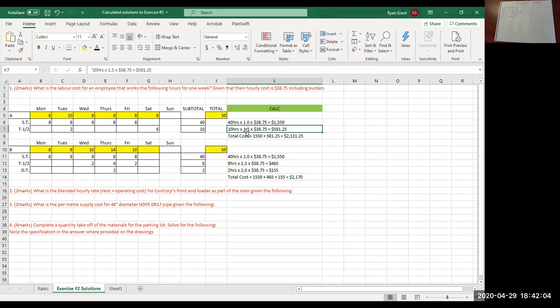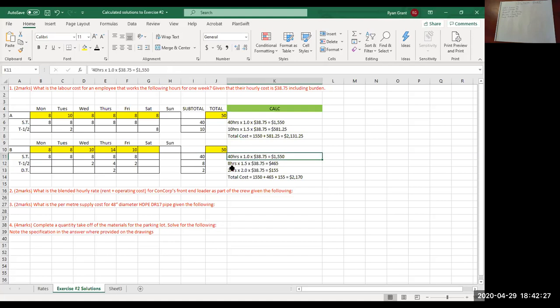So 10 hours at 1.5 times, and then multiplied by the hourly rate gives you that total, and then simply add those two together, and there's your total cost for that person A, $21.31.